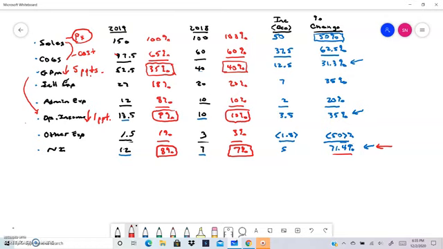So let's talk about administrative expenses first. Administrative expenses are expenses that do not generate revenue. So those are expenses like insurance, property taxes, the accounting department, things like that. They are necessary expenses, but don't drive revenues, don't drive growth in the company. So those are the type of expenses that we'd want to control and make sure that they don't grow at a rate that's faster than sales.